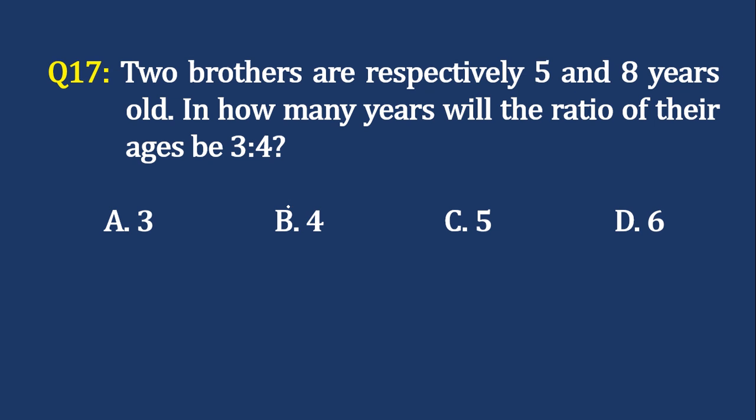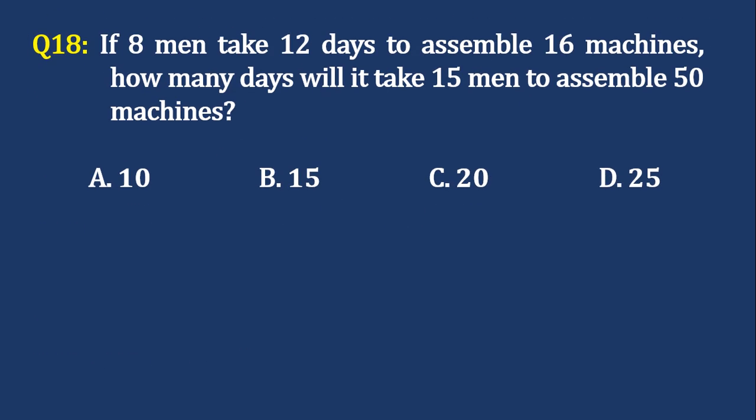Let's have question number 18. If 8 men take 12 days to assemble 16 machines, how many days will it take 15 men to assemble 50 machines? Now let's analyze first the relationship between variables here.